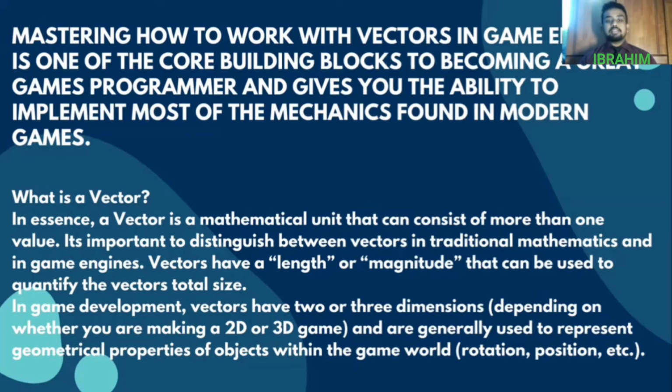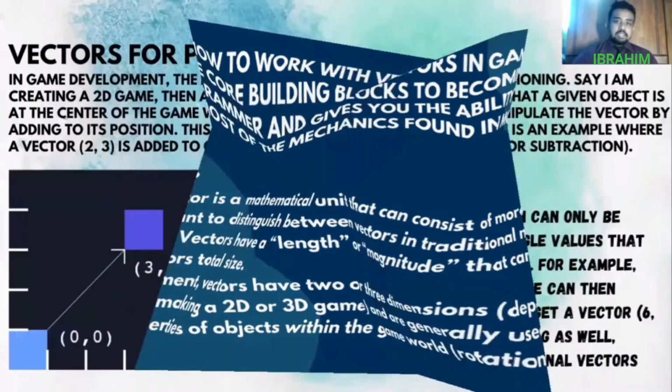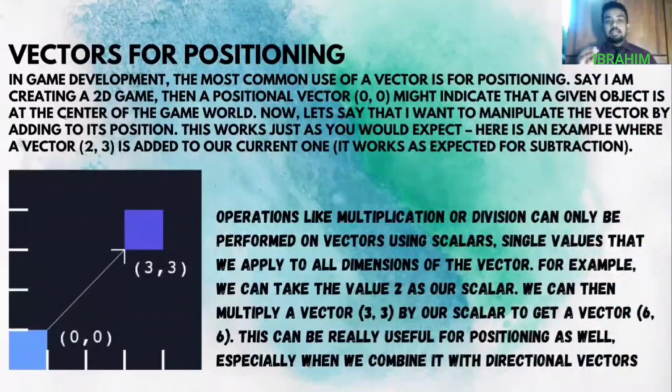In essence, a vector is a mathematical unit that can consist of more than one value. It's important to distinguish between vectors in traditional mathematics and in game engines. Vectors have a length or magnitude that can be used to quantify the vector's total size. In game development, vectors have two or three dimensions depending on whether it is a 2D game or a 3D game, and are generally used to represent the geometrical properties of objects within the game world, such as rotation, position, and so on.